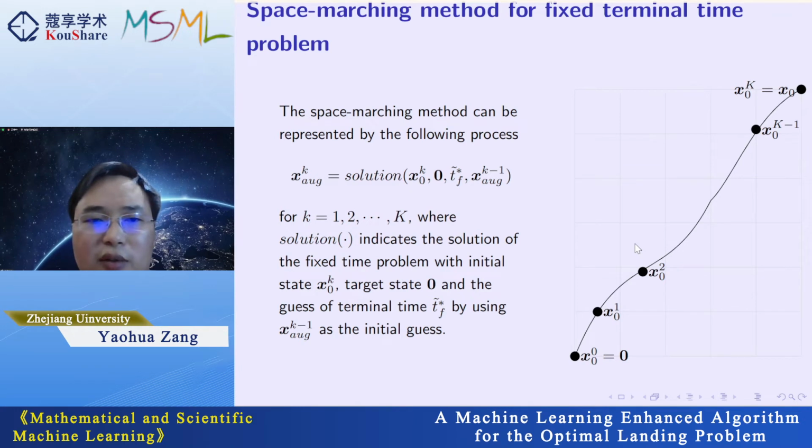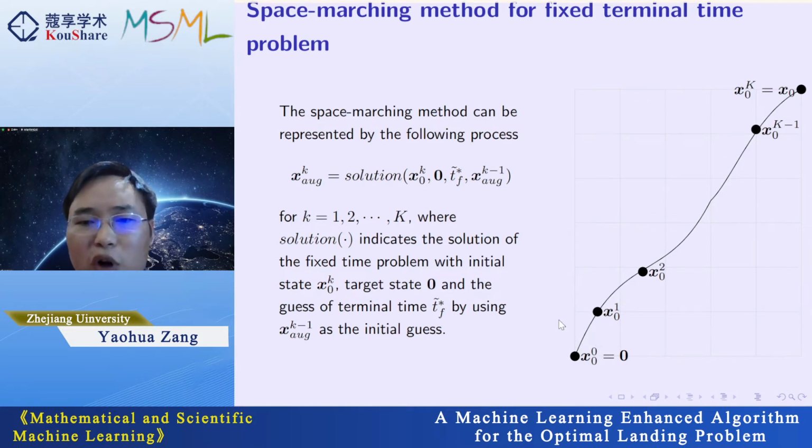So this process starts by solving a fixed time problem, which takes x0^1 as the initial state and x0^0 as the terminal state, and takes TF started as the fixed time. After this problem has been solved, we use the solution as the initialization for another fixed terminal time problem, which takes x0 as the initial state and x0^0 as the target state.